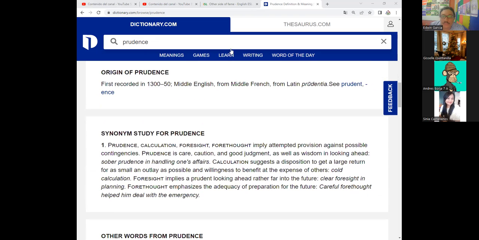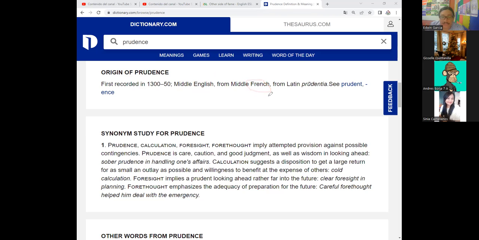Pay attention to this, because it's a word that comes from the 13th century, and it is from Middle English. But at the time, Middle English goes to Middle French. That means that English took this word from French.